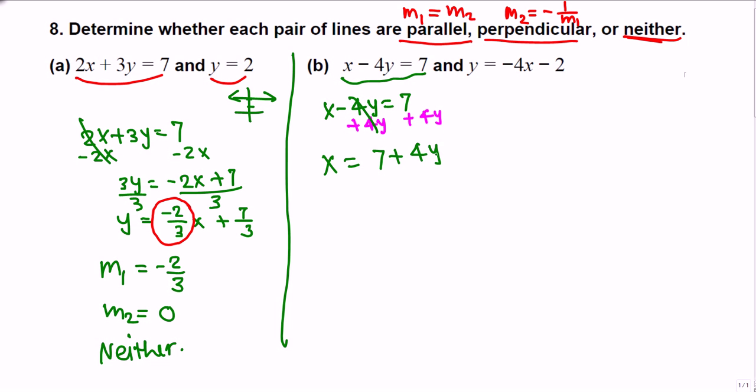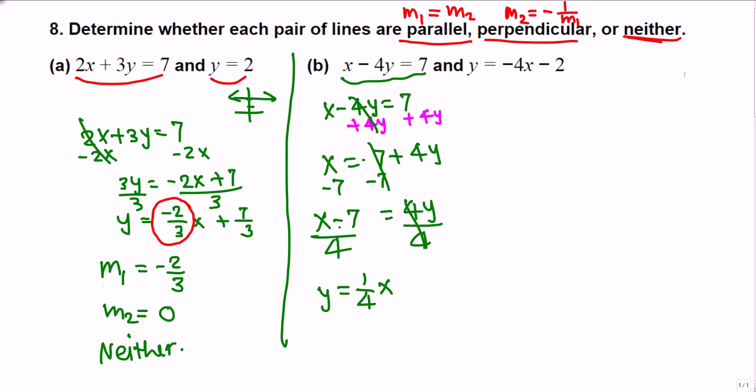To isolate y, we have 4y plus 7, so subtract 7 from both sides. So x minus 7 equals 4y. Now divide by 4. So y equals, separating into two fractions, x over 4, which is the same as 1 over 4 x, minus 7 over 4.